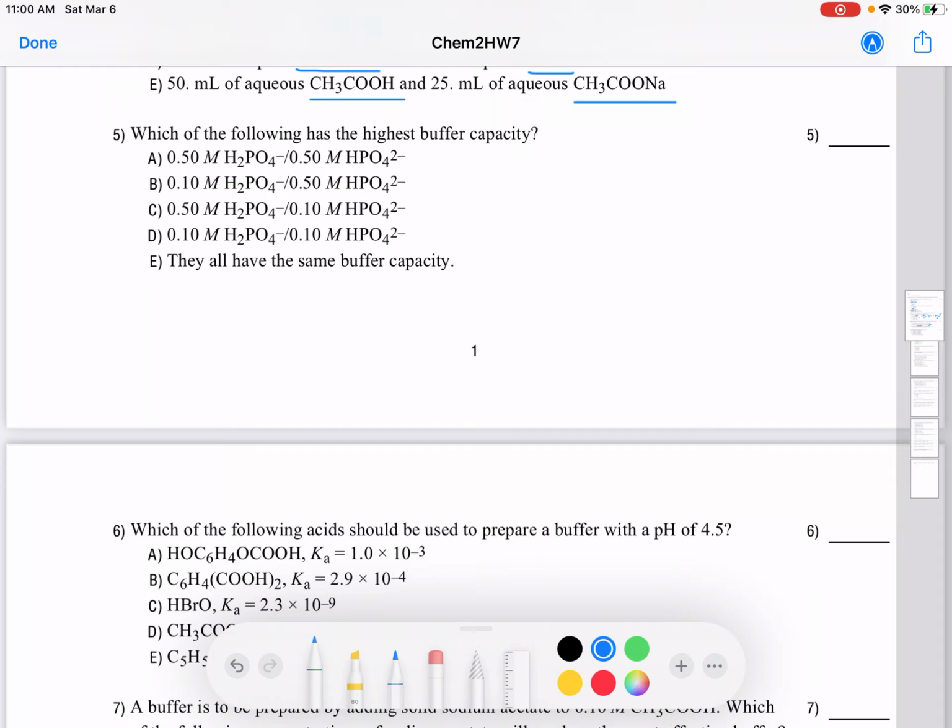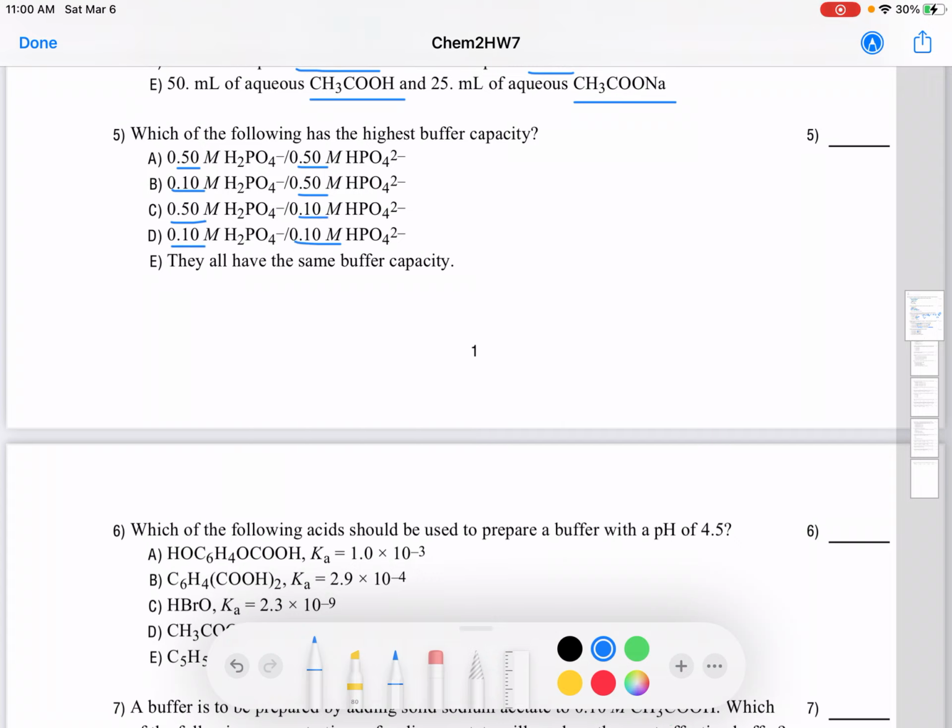So 0.5 H2PO4 minus, 0.5 HPO4 2 minus. That's 0.5. And then 0.1 H2PO4 minus, 0.5 HPO4 2 minus. So one is 0.1, the other one 0.5. 0.5, 0.1, 0.1, 0.1.